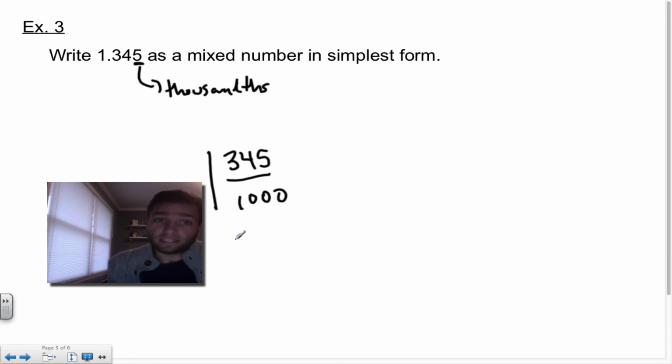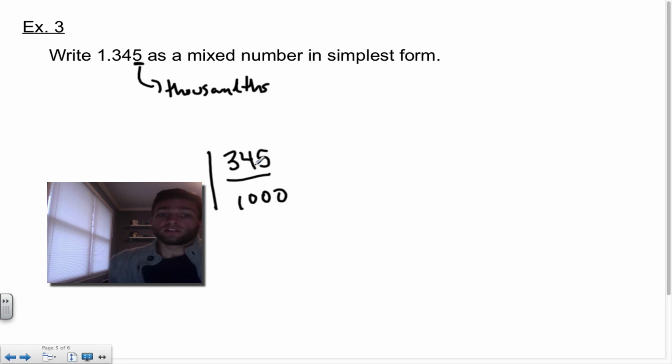So what I did, and this is the first step because it says to put it in simplest form, is I took the number, I found the last place value, and that tells me what my denominator is going to be. And how did I know that the 1 is a whole number here? Because it's not a decimal, it's a whole number. 1 whole and 345 thousandths, that's the part.